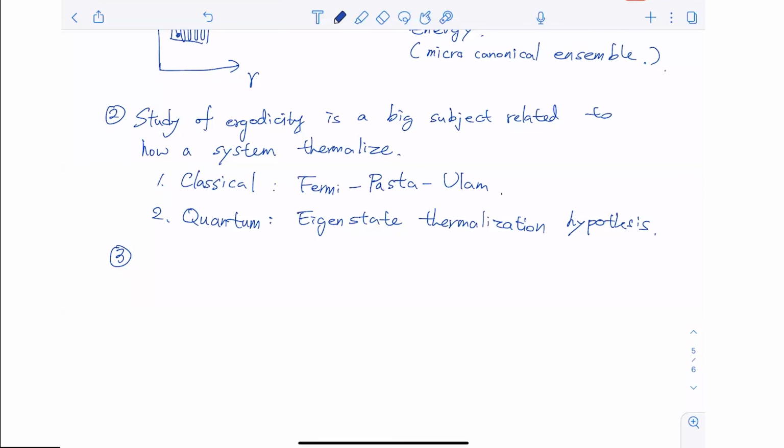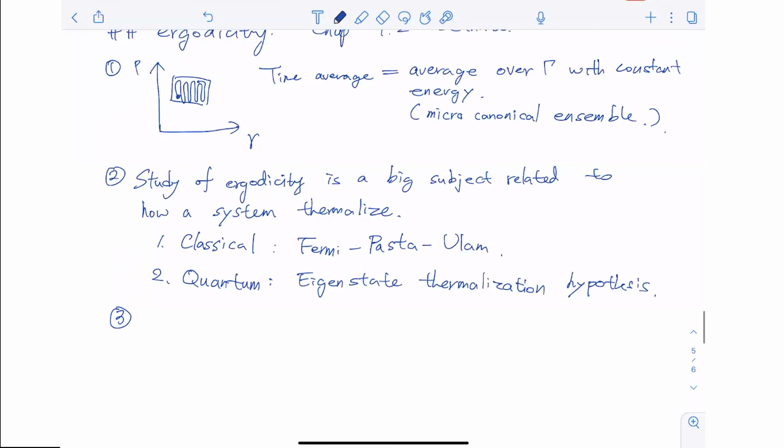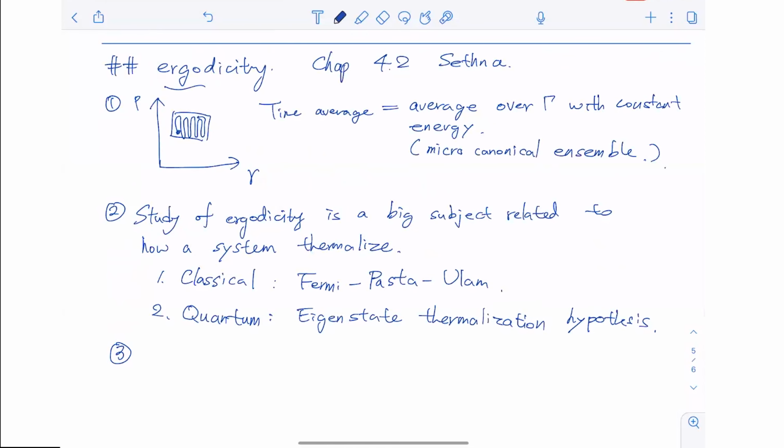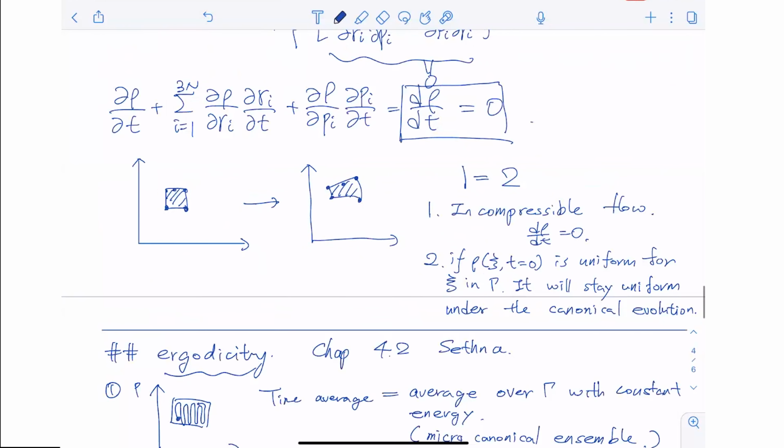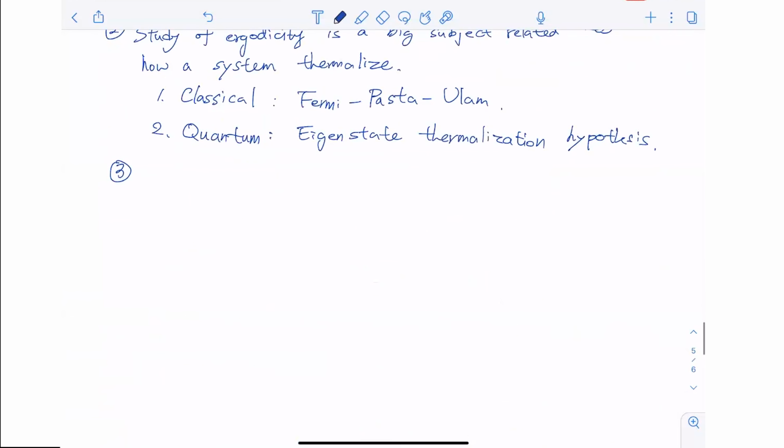There are still a lot of things out there. And another thing is that, as we mentioned, if every point in this restricted phase space will be visited at long times, that's what people call an ergodic system. Then the question is, are there systems that break the ergodicity? That is related to the idea of ergodicity breaking.